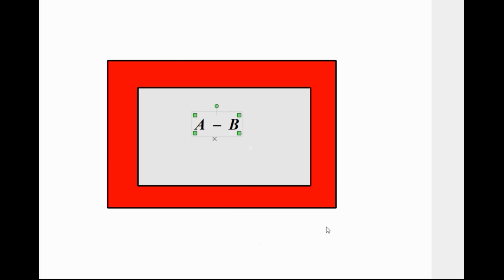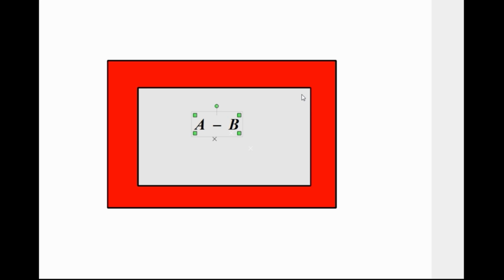A is the whole thing, absolutely everything. It is this length multiplied by that length. B is this length here multiplied by that length. We remove the white from the whole thing, and that gives us the bit round the edge. Straightforward. We can do an example of that.